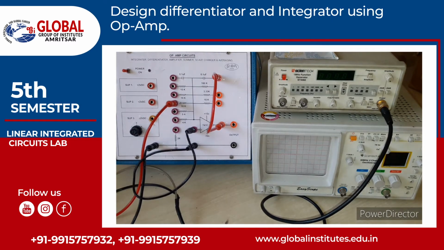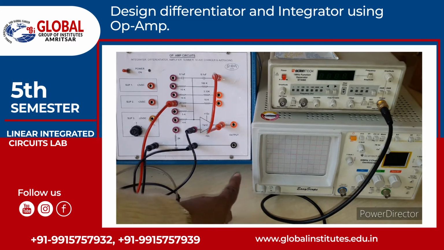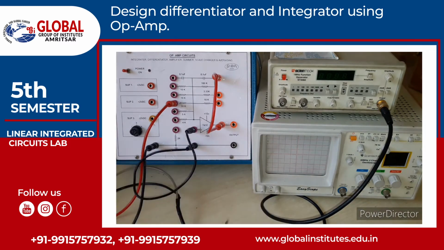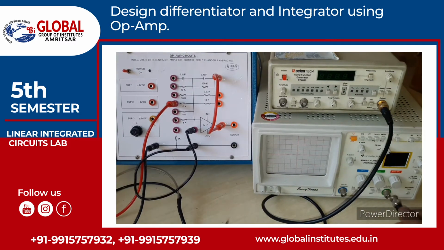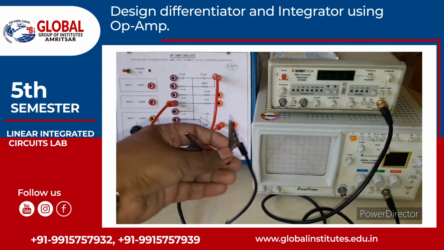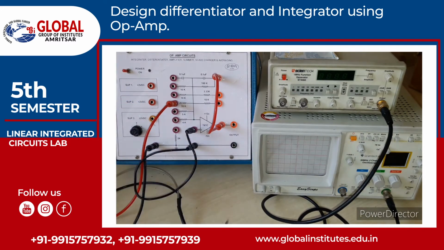For the observation, we should have a CRO. We take the output at channel number 2 and the input at channel number 1. For the output observation, first of all connect to channel number 2 of the CRO these two wires, one positive, one negative.